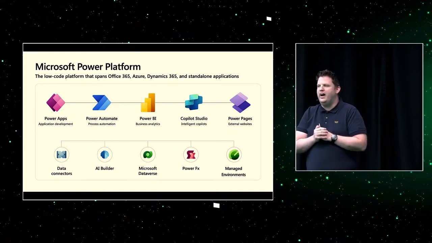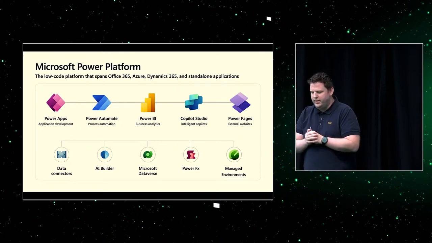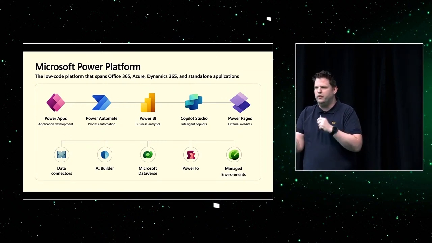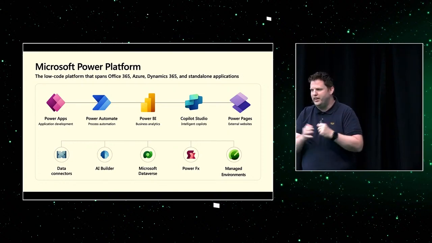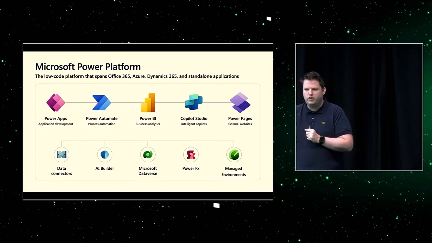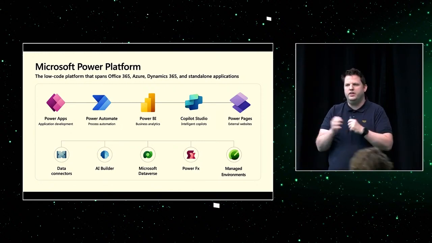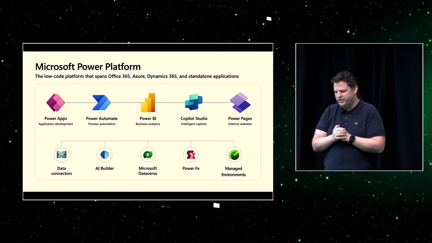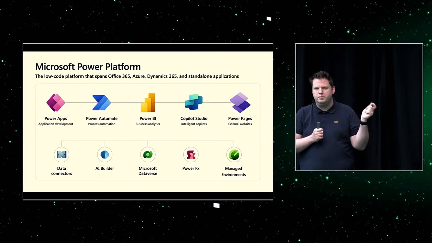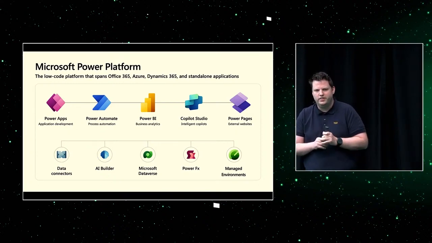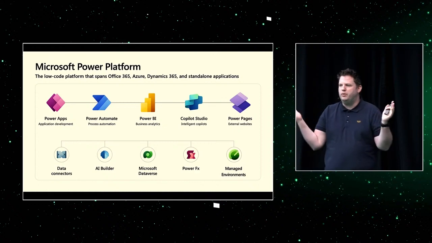Then we have Power BI, which is the analytics tool within the Power Platform. And that will enable you to connect with all kinds of data sources and then create beautiful analytics for that. Copilot Studio is the most recent addition to the Power Platform, and that used to be called Power Virtual Agents, and it's a way to build chatbots.